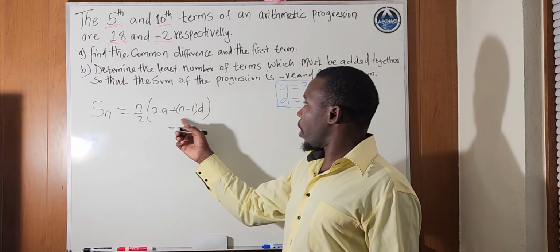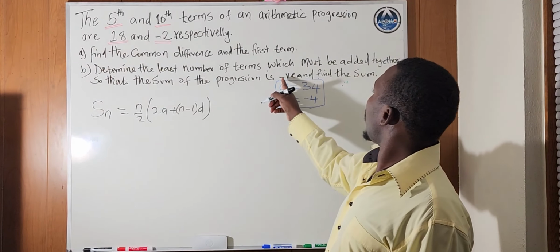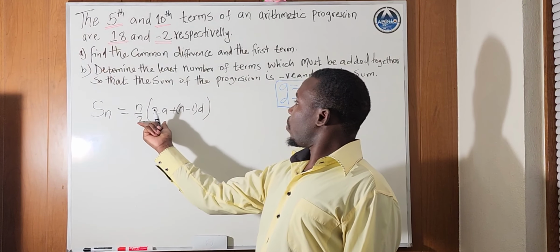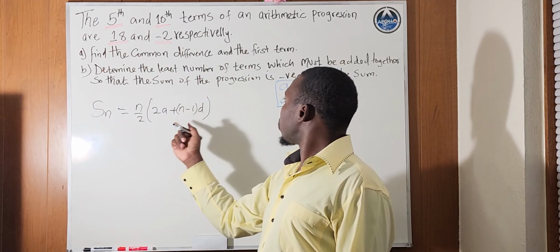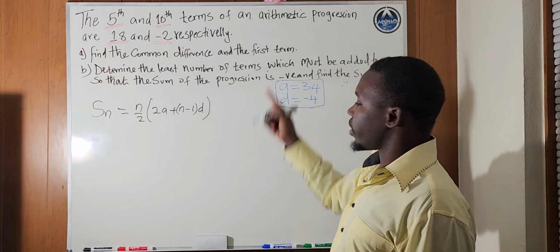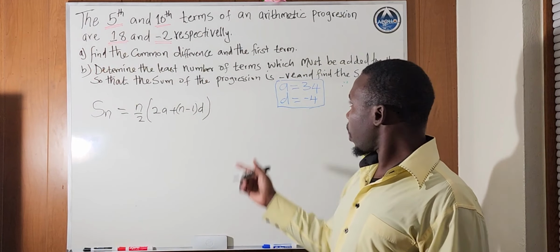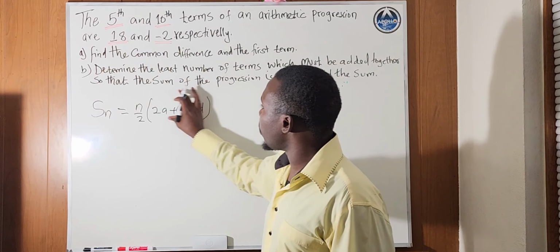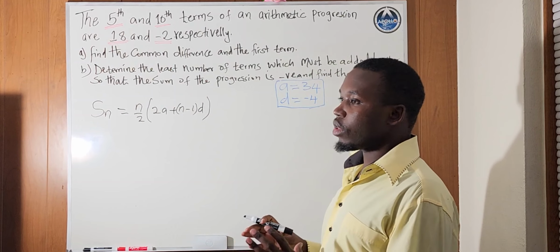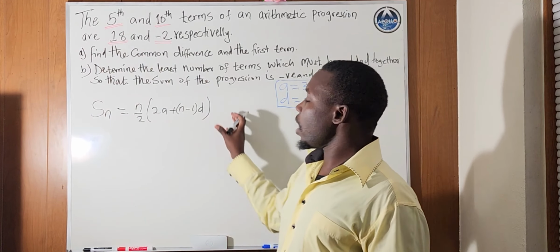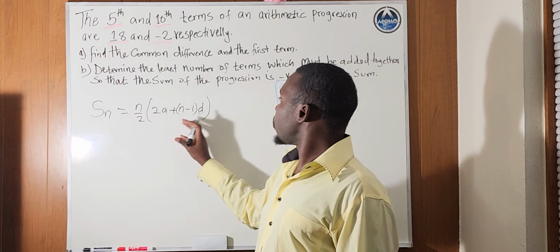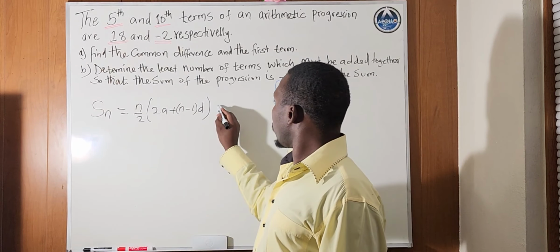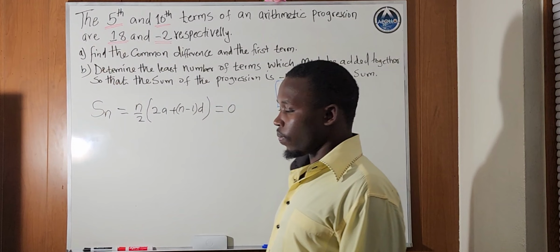This is the formula. But here, when we find the sum of these terms, the sum must be negative. Since we cannot go to the negative first of all, we equate this summation to 0. When we add all these terms, we get the value to be 0.